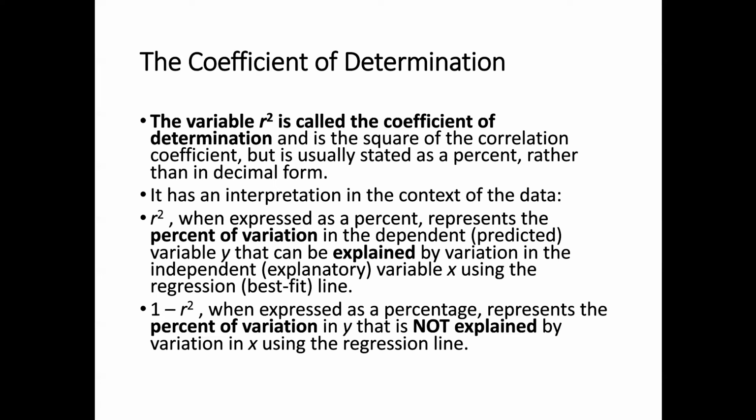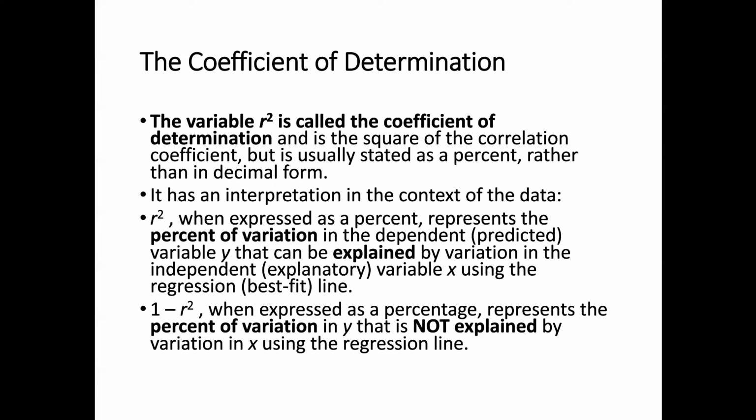Makes sense? And the amount of variation that you get in that difference from the regression line to the data is the coefficient of determination. And 1 minus R squared is the percent of variation that's not explained by the variation in x using the regression line. We're going to talk about residuals in just a second.